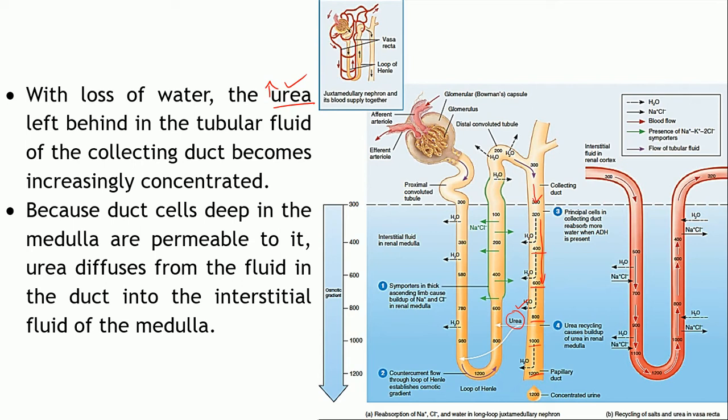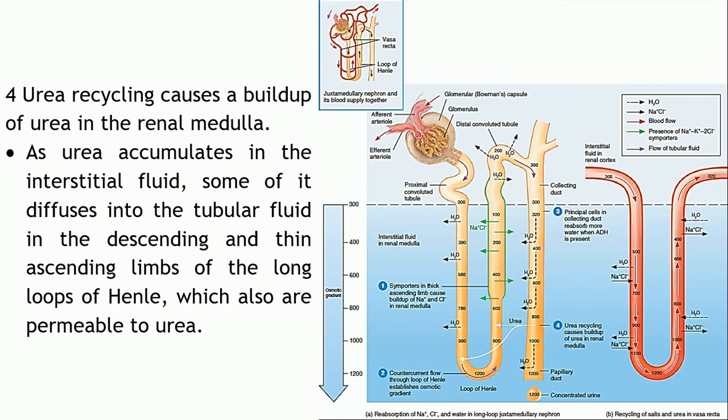Here the osmolarity is very high, so the urea will move out of the tubular fluid into the interstitial fluid. Where will this urea go? Does it go to the blood? No, it doesn't happen like that. It is not reabsorbed. Actually, the urea leaving the tubular fluid is recycled.